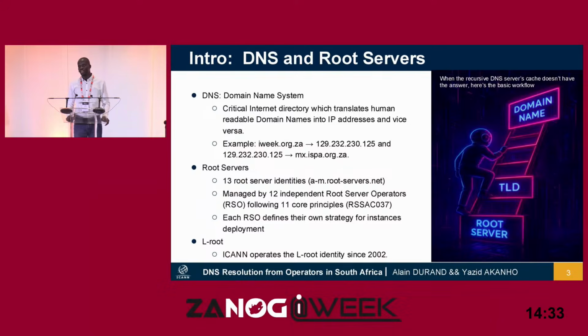So the role of Akanho is to do this delegation, and once it is done, of course, the registry operator actually runs the top-level domain. And this is where all those registered domains are actually also delegated.